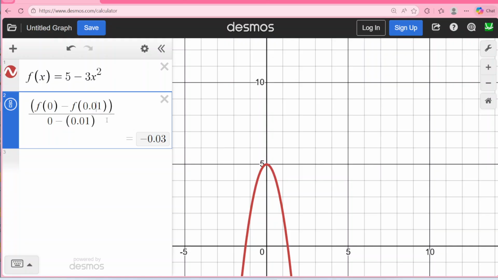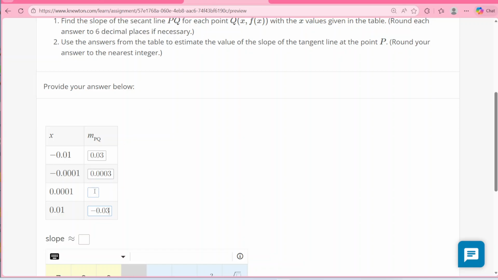So here's f of 0 minus f of 0.0001, and then divided by 0 minus 0.0001, and you're seeing a slope of negative 0.0003. Right, so I'm going to enter that here.